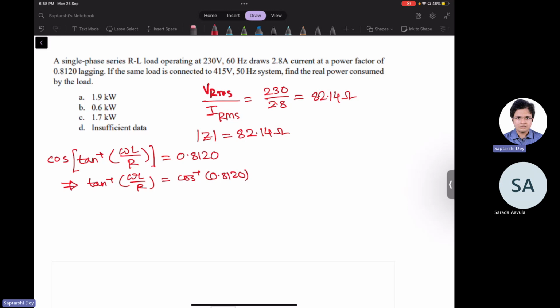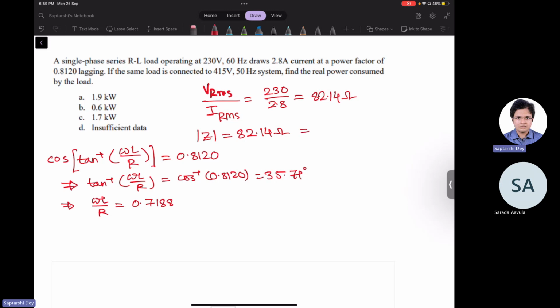So that comes out to be 35.71 degree. Tan of that is like this.